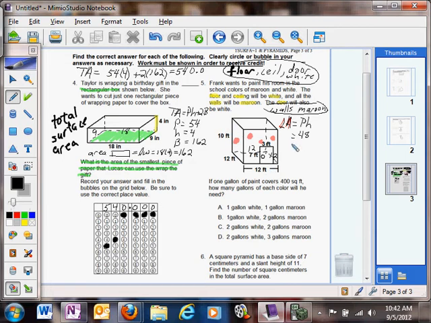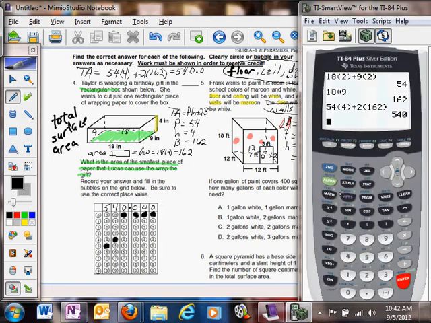So big P is 48, little h is 10. My lateral surface area is going to be big P times little h, and 48 times 10 should be an easy operation, but we'll go ahead and use our calculator anyway. 48 times 10 is 480.